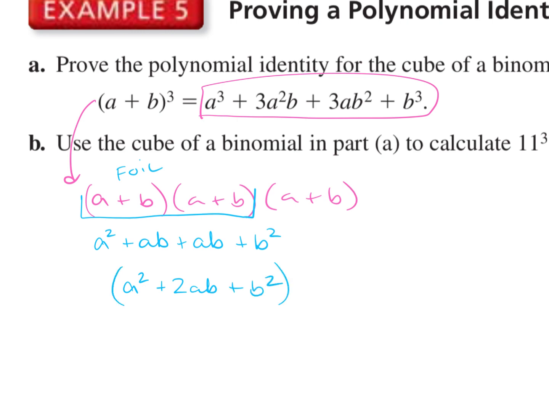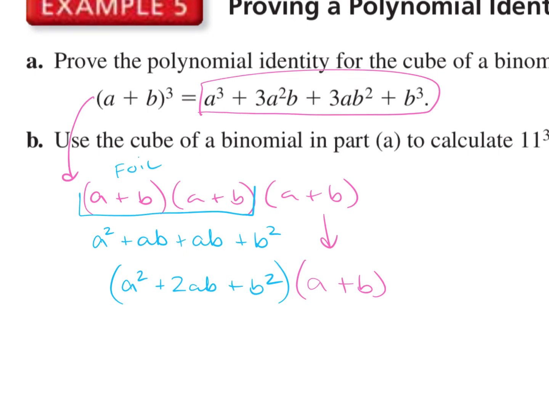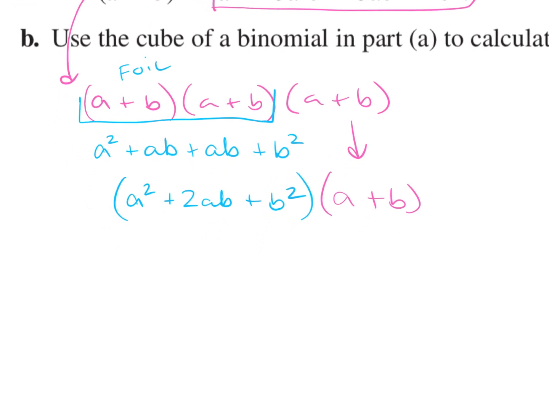Now we can take this and multiply it by the third one. So make sure everything in the first set gets multiplied to everything in the second. So starting with a squared. A squared times a is a cubed. A squared times b, a squared b.